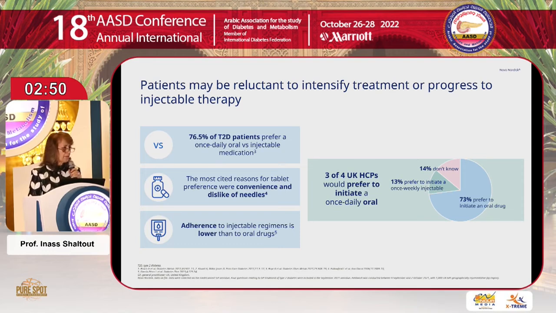So if we have an oral medication, some patients may take this chance. 76% of patients with type 2 diabetes prefer once daily oral versus injectable insulin. And 3 out of 4 healthcare professionals in the UK would prefer to initiate once daily oral medication.